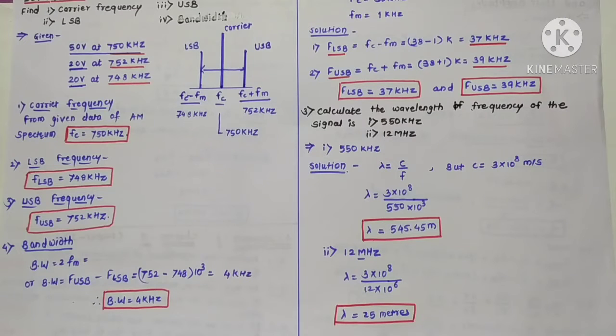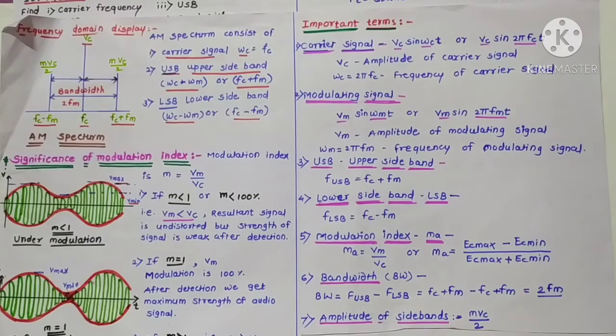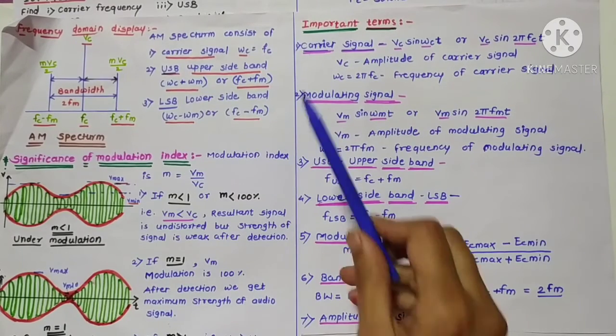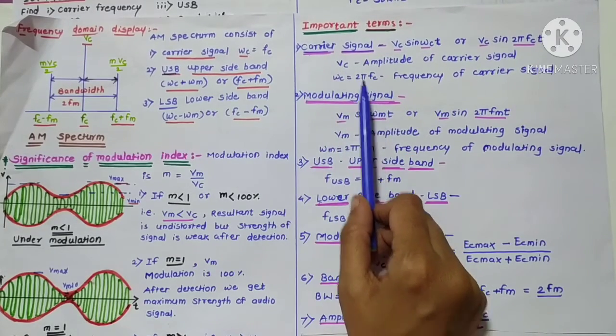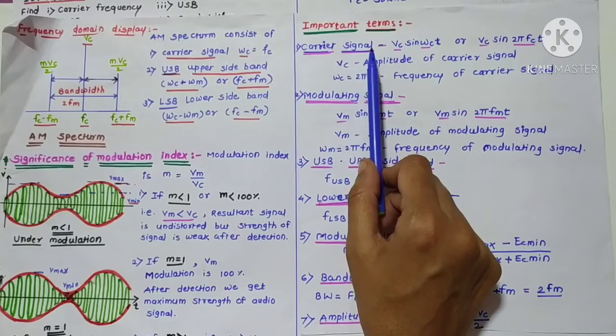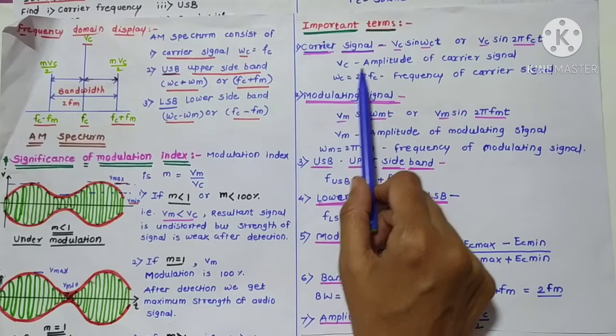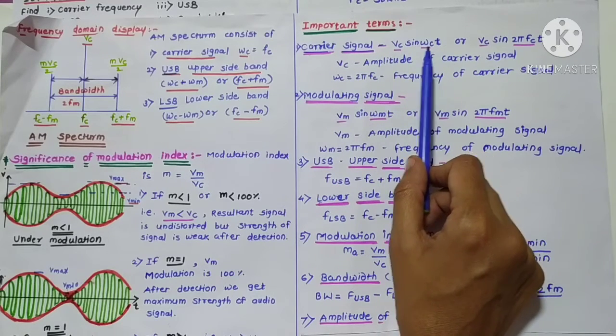Okay students, you have to remember the different formulas which I have given, like carrier signal and modulating signal. The formula for carrier signal is represented here as Vc sin omega ct. It is amplitude, it is frequency.